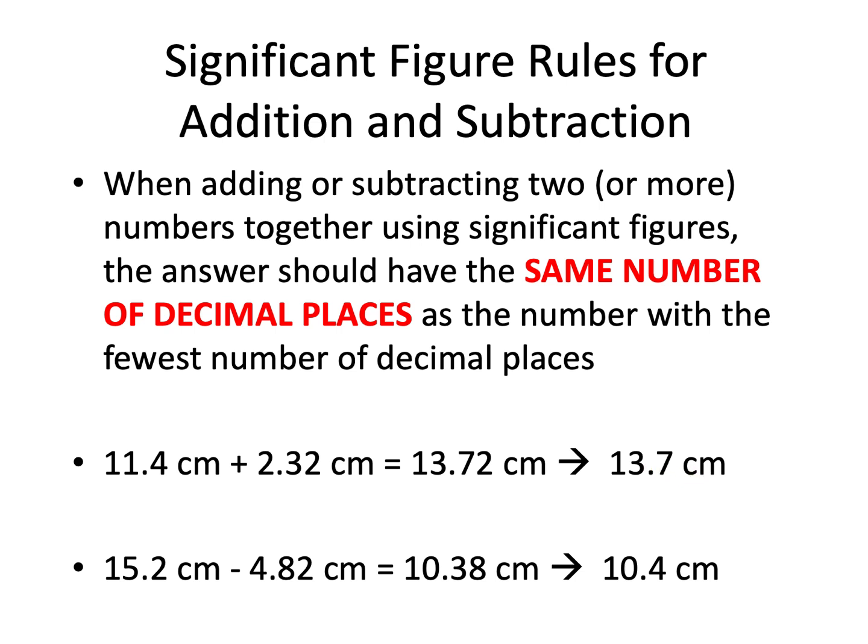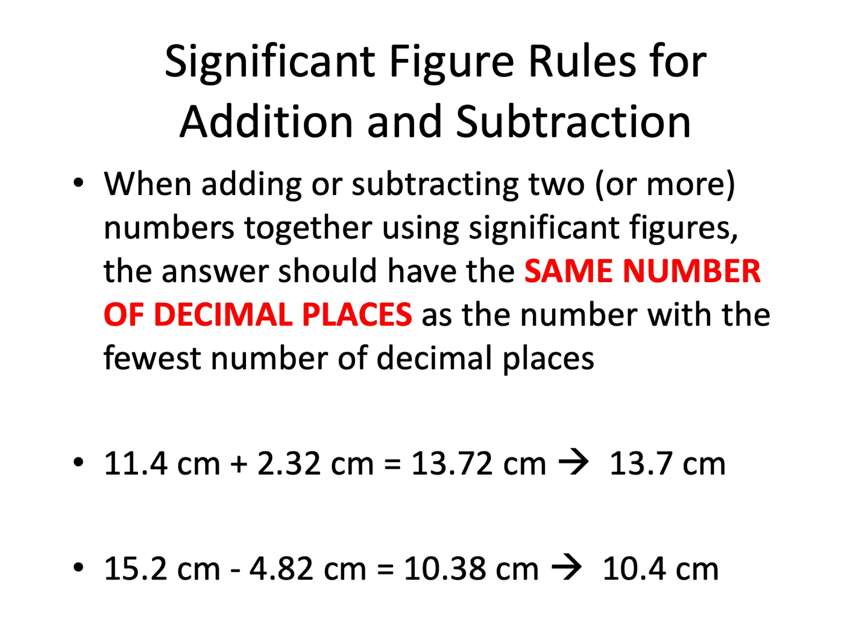Now let's look at another example. Subtracting two distances. I've got 15.2 centimeters minus 4.82 centimeters. This guy has 1 decimal place. This guy has 2 decimal places. So how many decimal places should my answer have? Well, I look at all the numbers that I'm adding or subtracting, and I count which one has the fewest number of decimal places, and that would be this guy, which has only one decimal place.